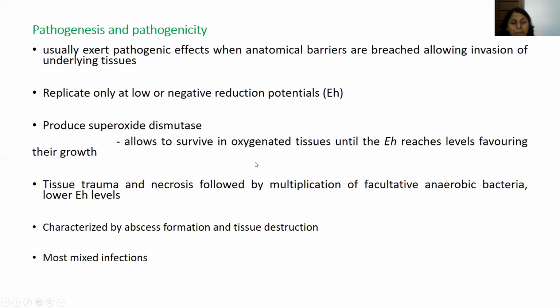Generally, these bacteria exert a pathogenic effect when the anatomical barriers are breached and the underlying tissue is invaded, but they replicate only when there is a low or negative reduction potential.